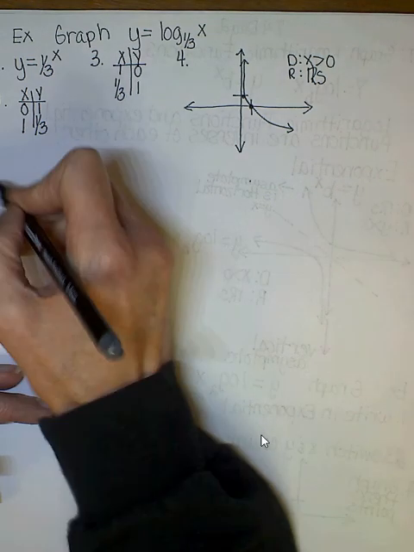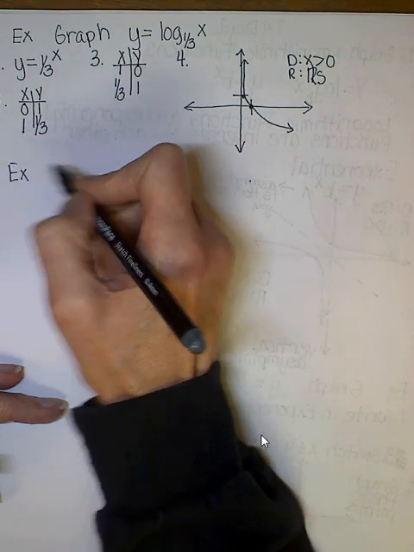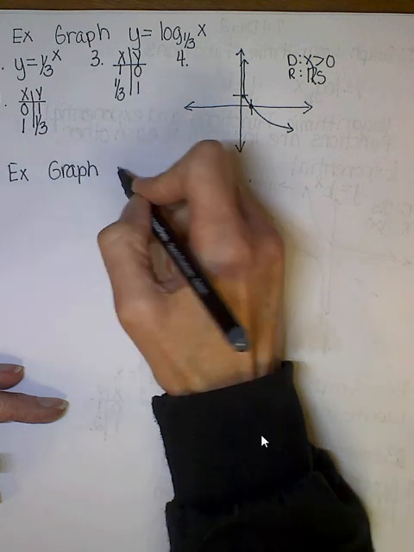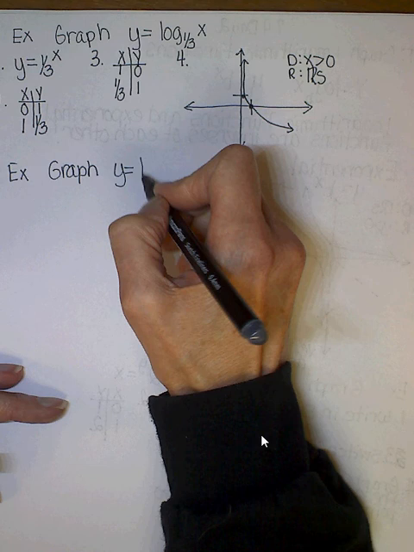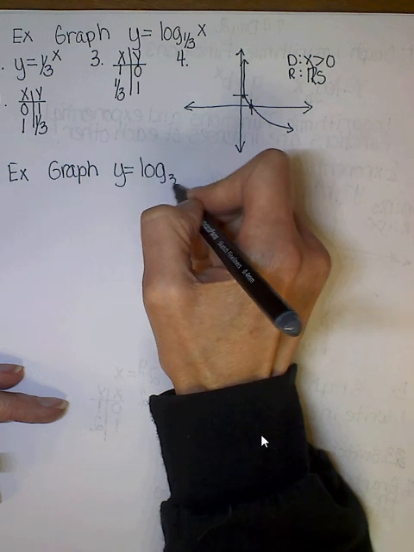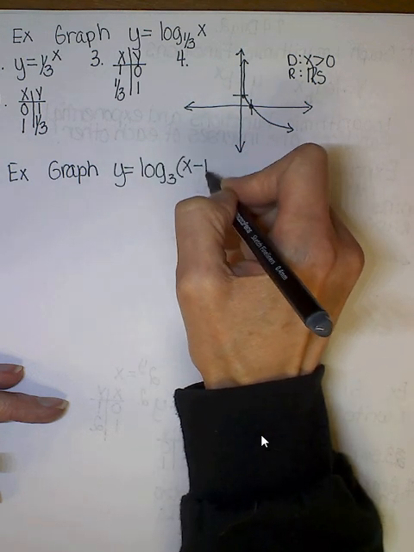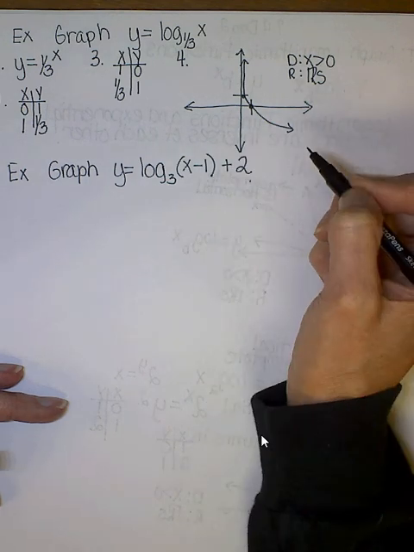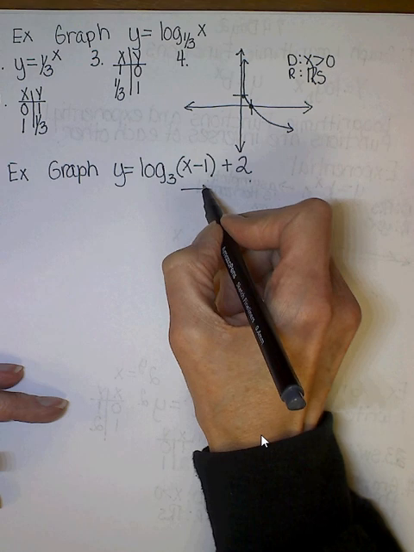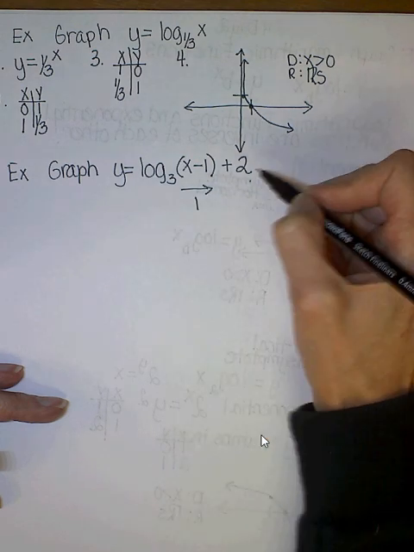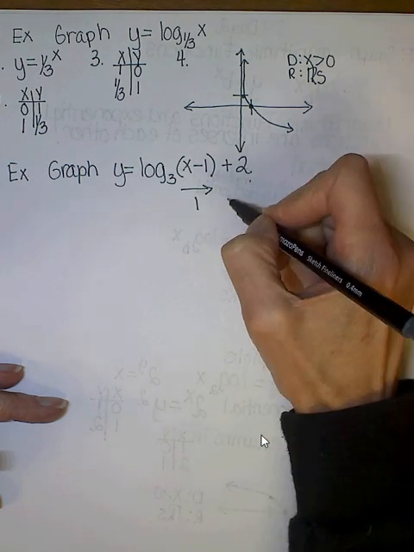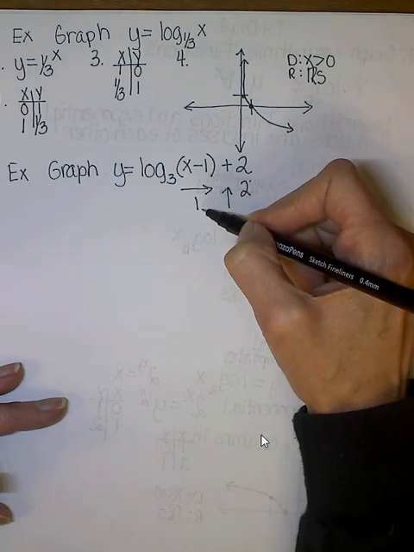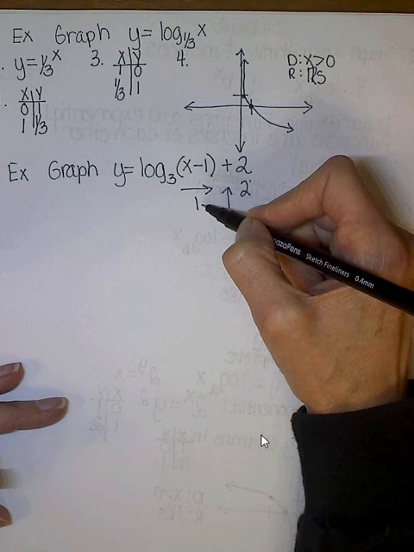Okay, let's do one that has some transformations. On the inside, minus 1 moves all the points 1 to the right. On the outside, it moves all the points up 2. Now this 1 to the right is going to affect your asymptote.